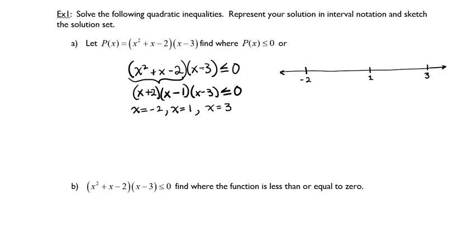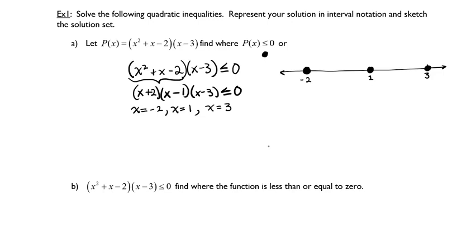Since I have no denominators, I don't have to restrict my inequalities by anything. And since this says p of x less than or equal to, we put a closed dot at each one of these interesting points, or zeros of the polynomial.